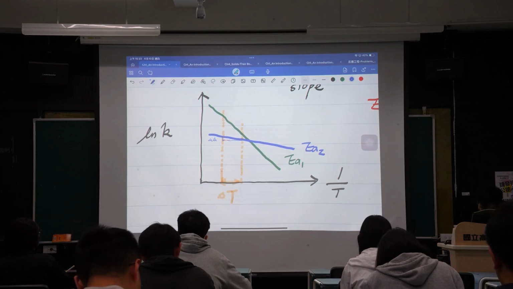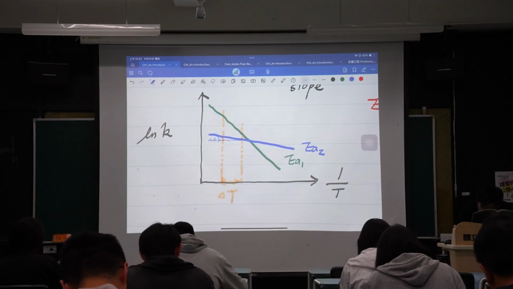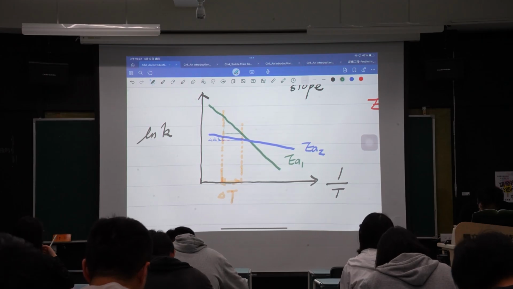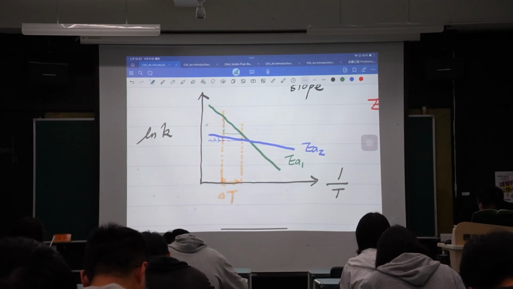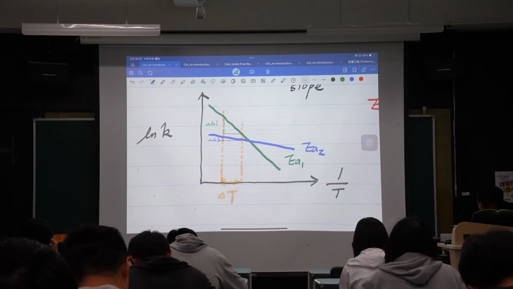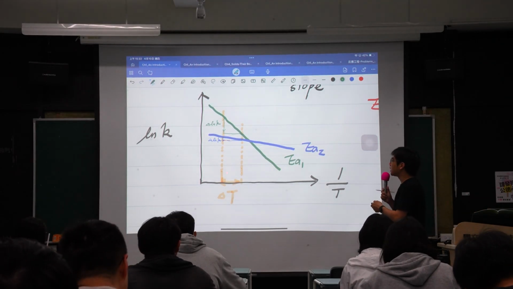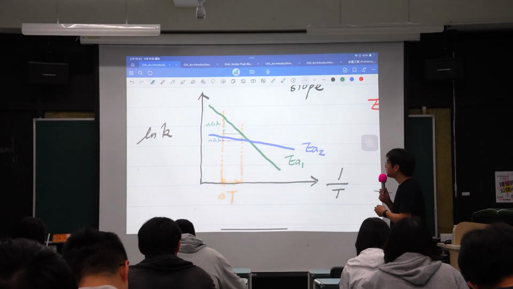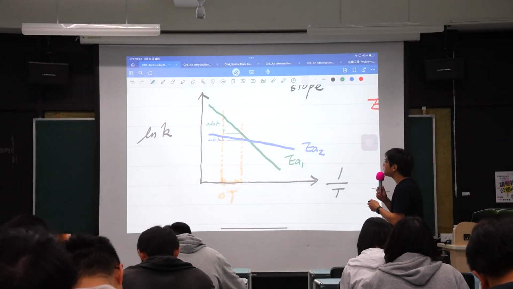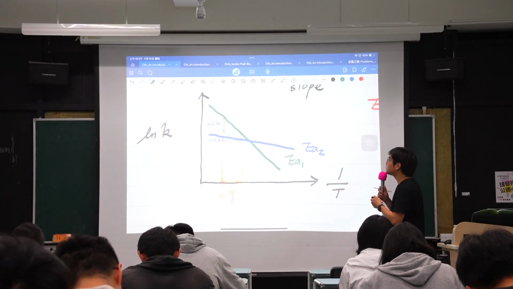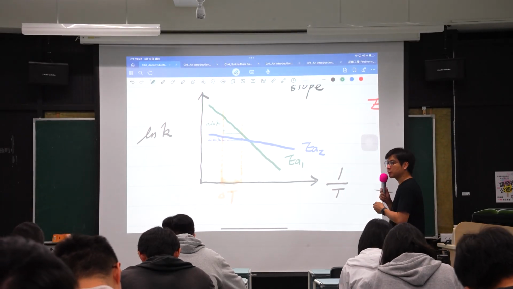These two reactions have the same delta T, with a very big difference in delta ln k. So which one is more sensitive to temperature?